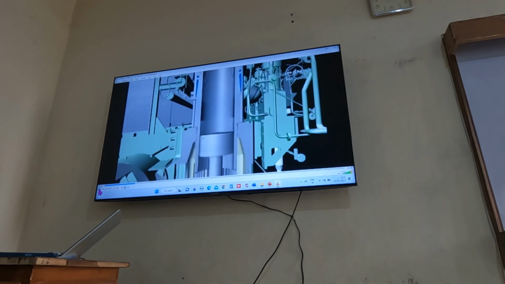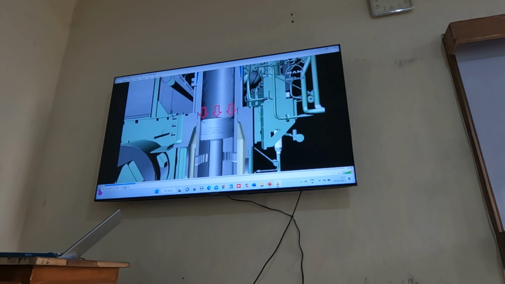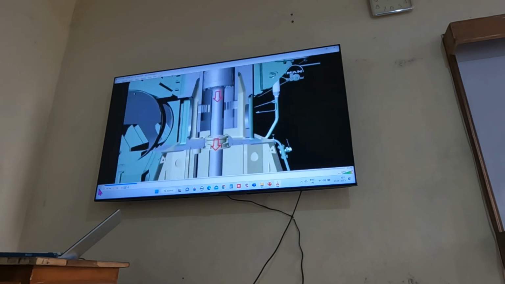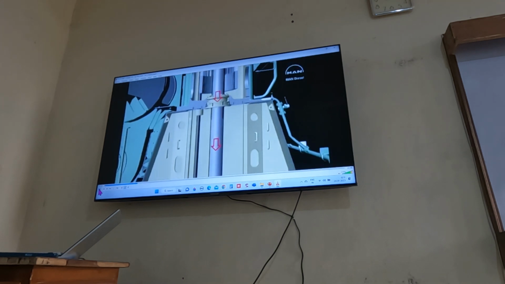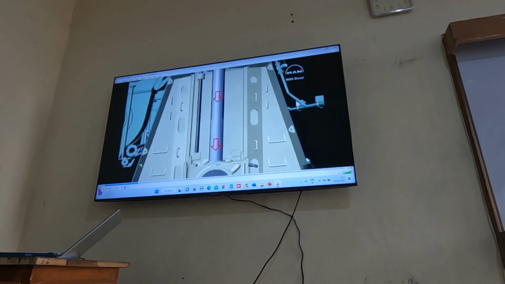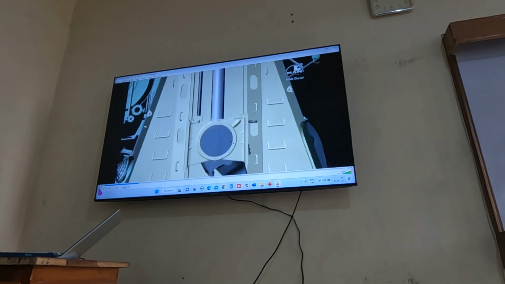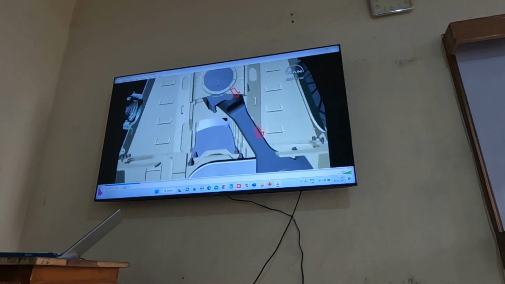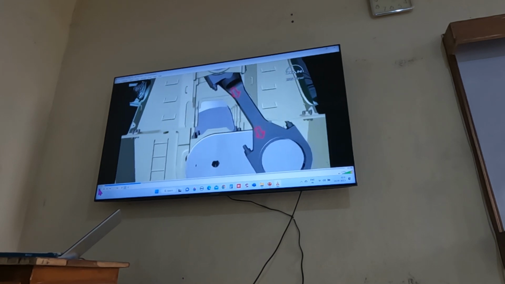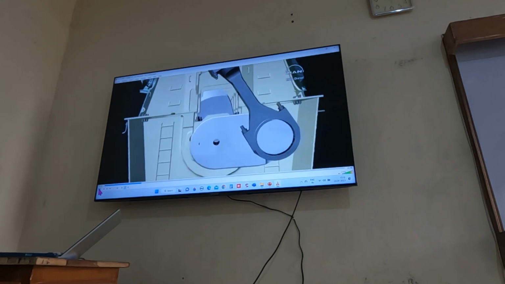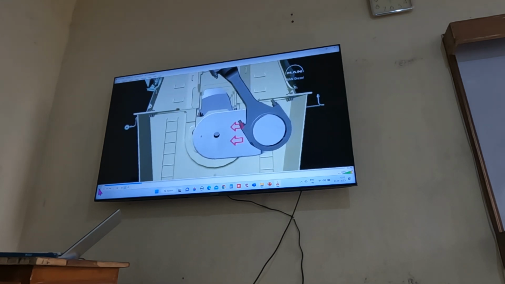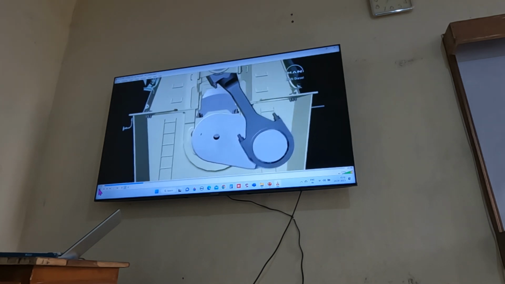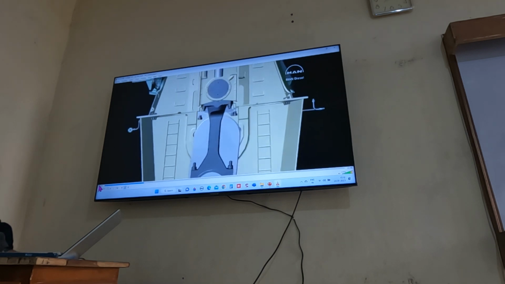The gas pressure acts on the piston, from which the force is transmitted through the piston rod and the crosshead to the connecting rod. And results in a torque. The thermal energy has been converted into mechanical energy.